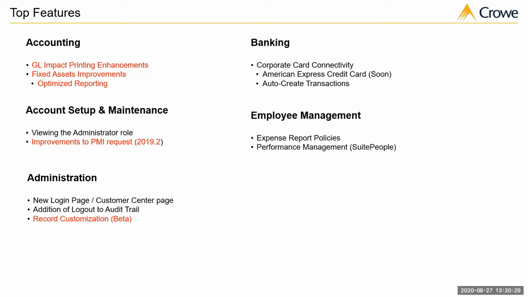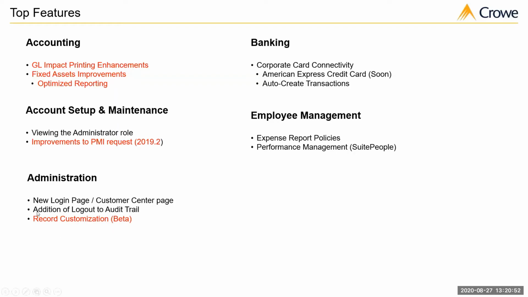So in these times when people are working from home, if you want to track when they log into NetSuite, you could, but it wouldn't track when they logged out. Now you can track when they log out or when they switch roles. So just more information at your fingertips that NetSuite is exposing to the users.